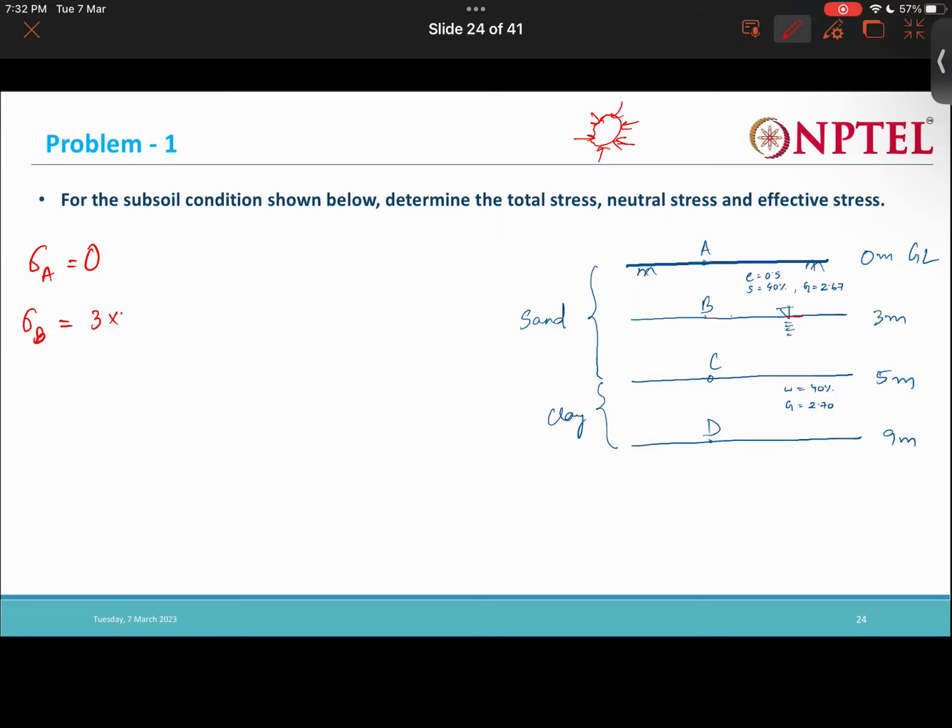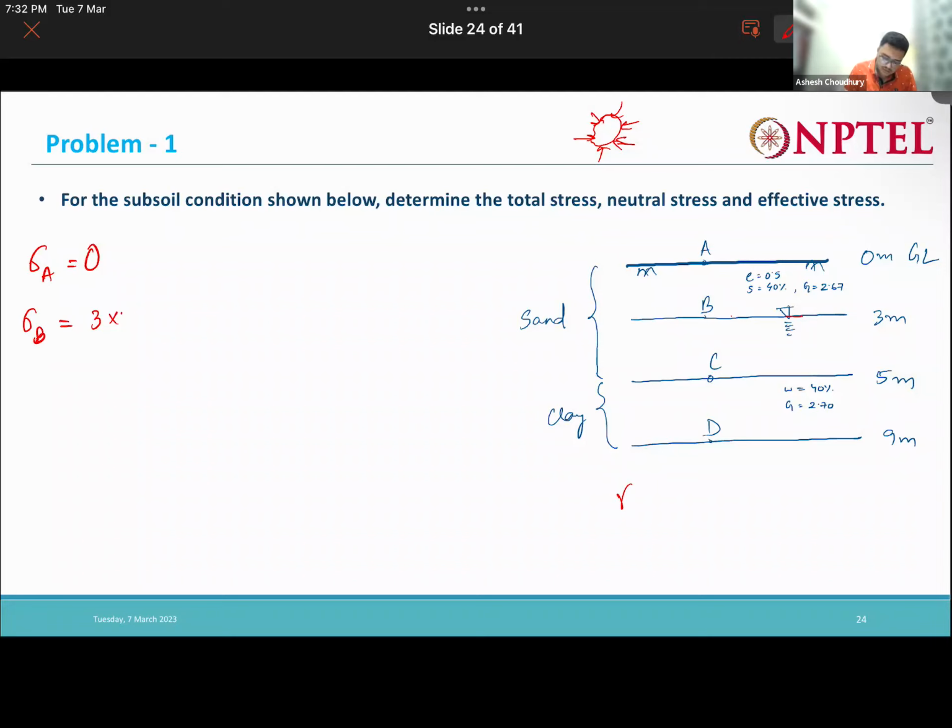So here, S value is given. So we will have to determine the gamma. First, what you need to do is determine the gamma value of the soil.